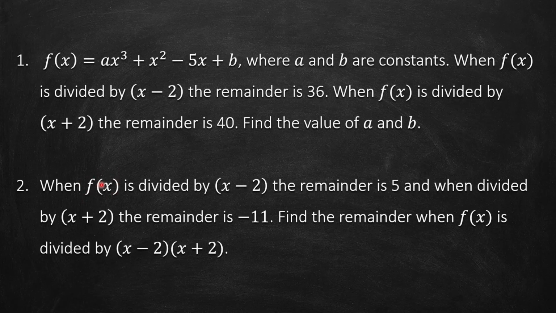So it means that we do not know the degree of this function. Like you can see here, if we know the function like this, at least we know the degree is 3. That makes it possible to calculate using long division. But if we do not know the degree, then it's impossible to use long division. It's still possible, but we will need a lot of calculation and guessing.